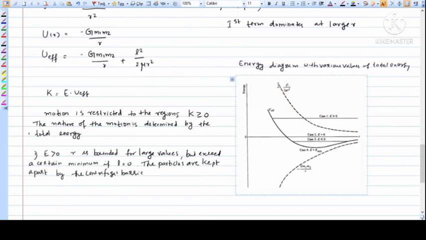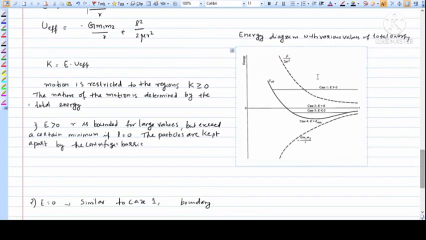This is the curve corresponding to this equation, a 1 by r square curve, and minus G m1 m2 by r will be like this. So the effective potential will be the sum of these two. Let us check the U effective potential and the energy diagram of the system of planets.